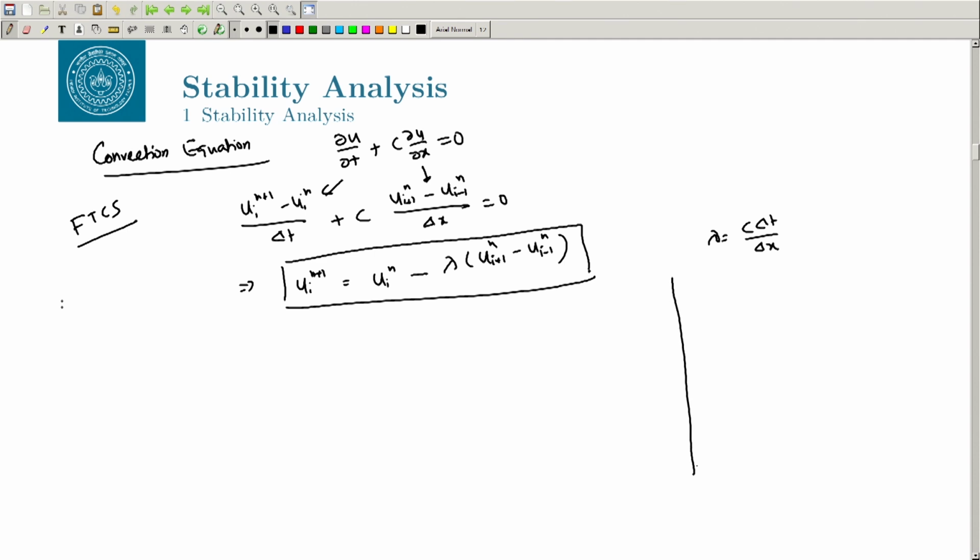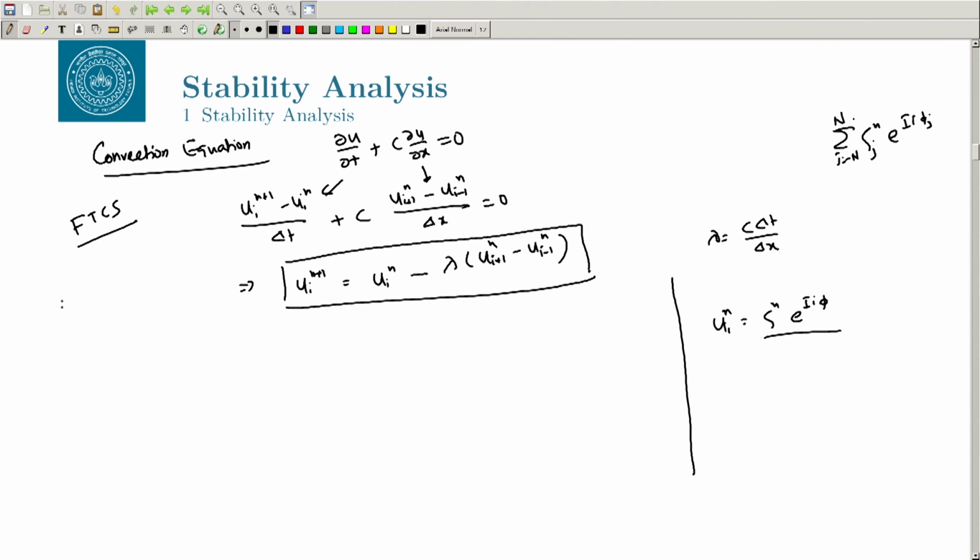Again go back to our Fourier series. So, you have u I n equal to g to the power n e to the power I phi. Remember as we have discussed, this should actually be sigma z to the power j n e to the power I phi j, j equal to minus n to n, right.